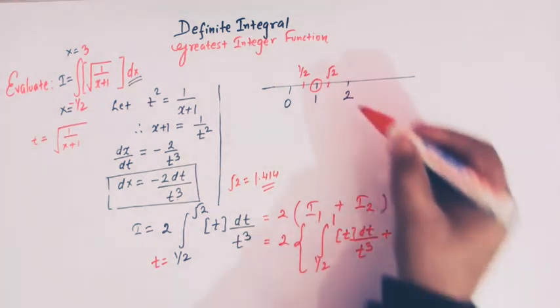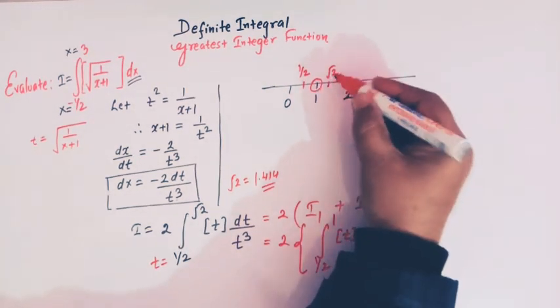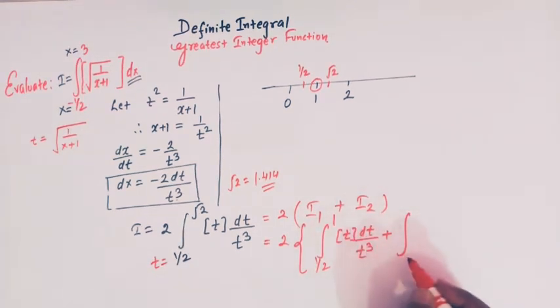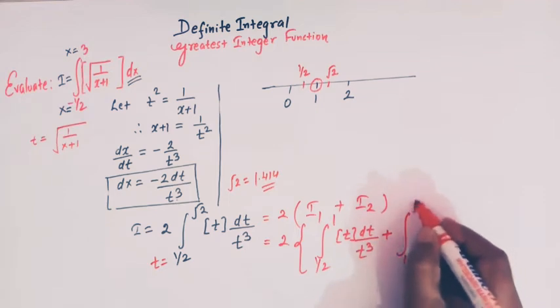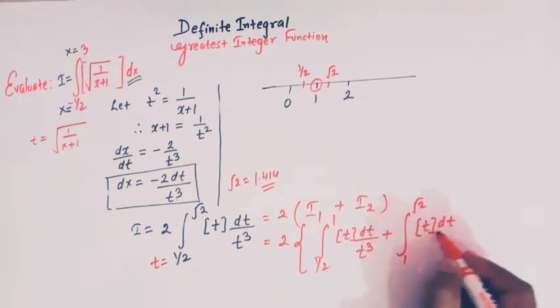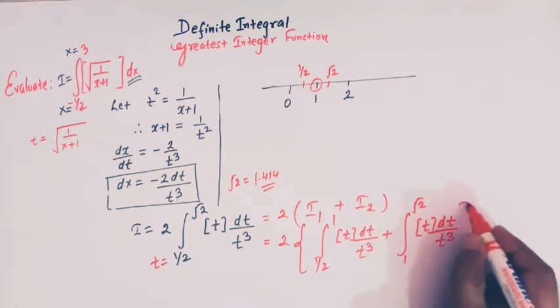And I2 is from 1 to square root of 2 greatest integer t dt over t cube, right?